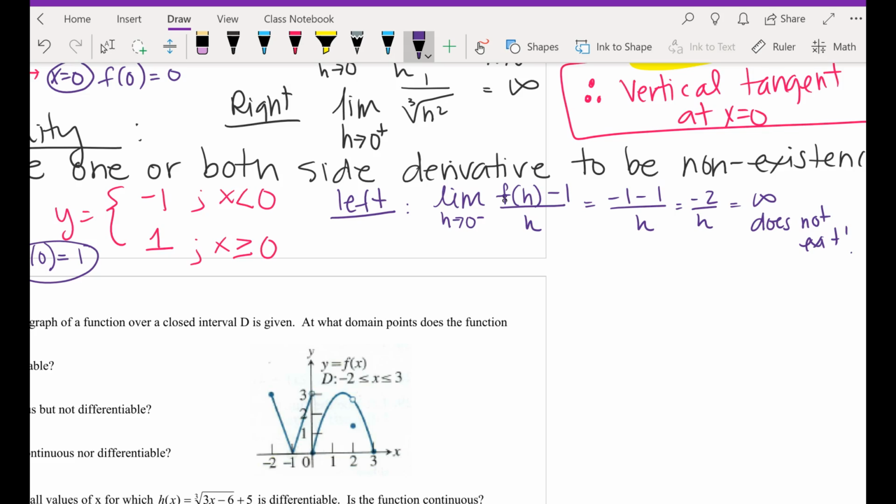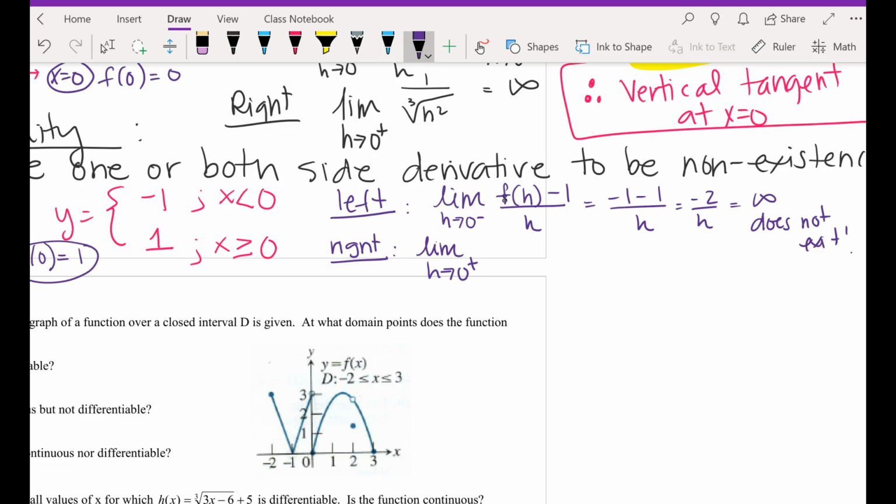On the right side, though, does it exist? How do you know? Okay. So limit as h approaches 0 from the right. Which piece are we using for the right?